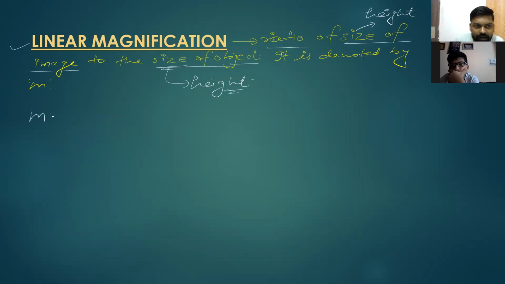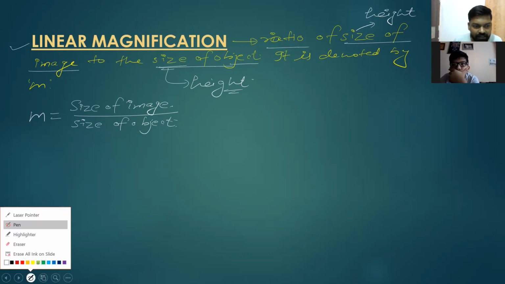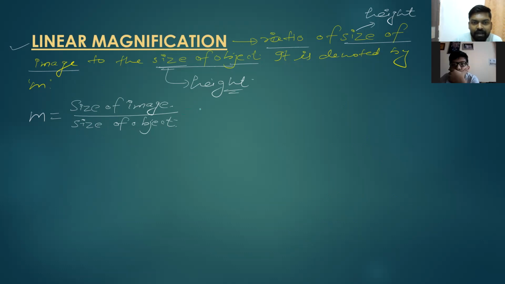So the formula for linear magnification m will be size of image divided by size of object, or height of image divided by height of object. Both are the same things.